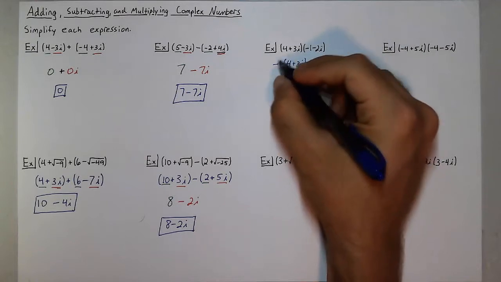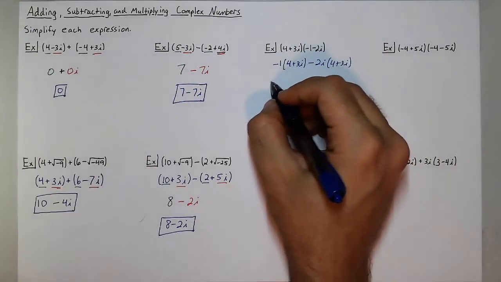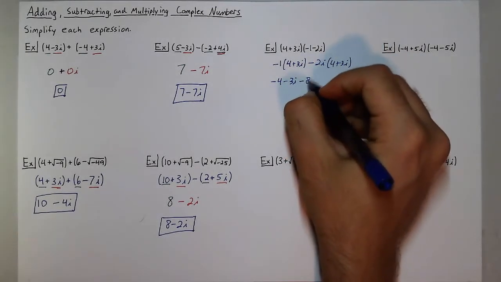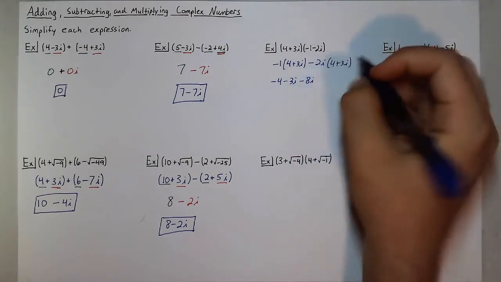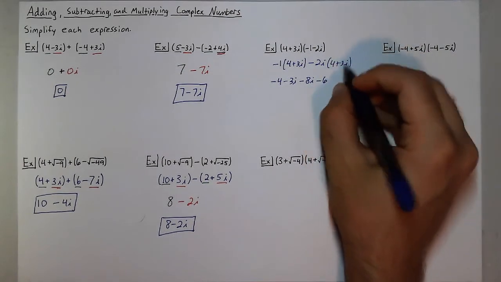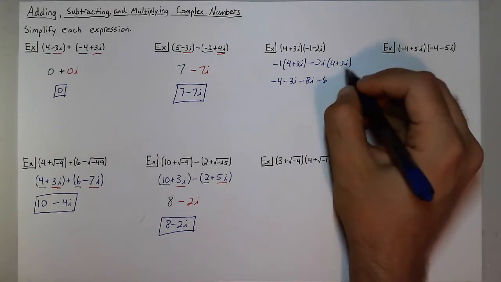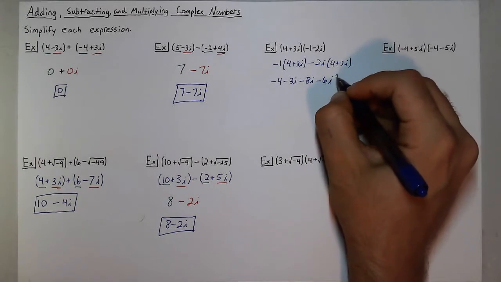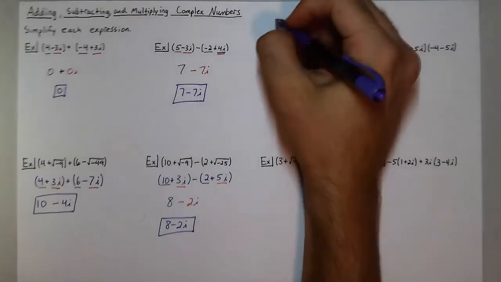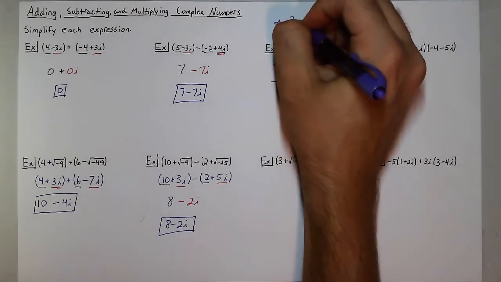And then we distribute, giving us negative 4 minus 3i minus 8i, and then negative 2i times 3i will give me negative 6, but now i times i, which is i squared. So now as I go to simplify, I need to remember what i squared is equal to.